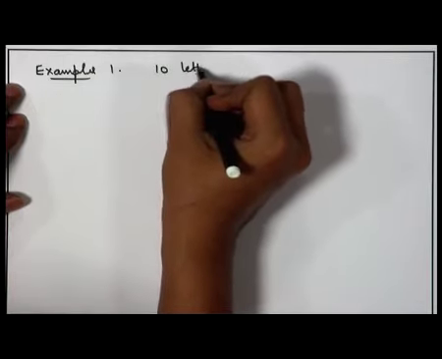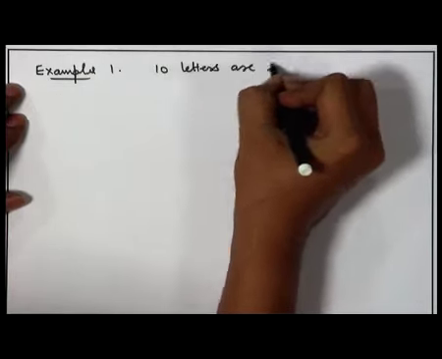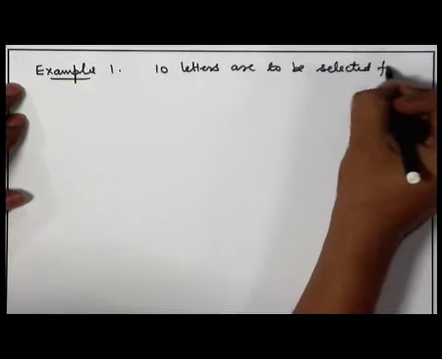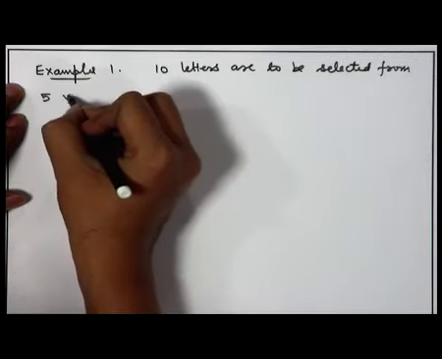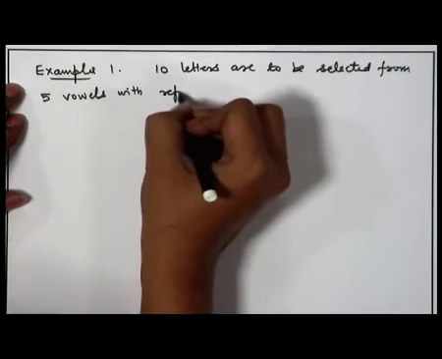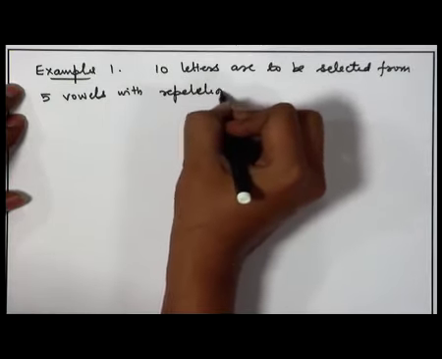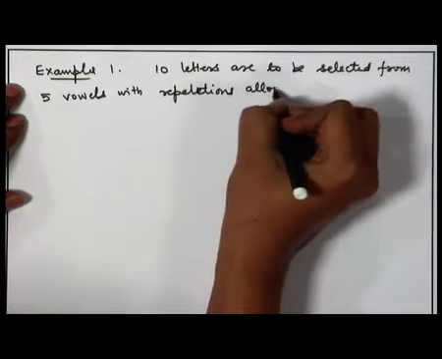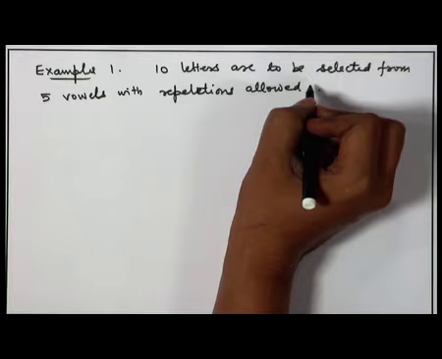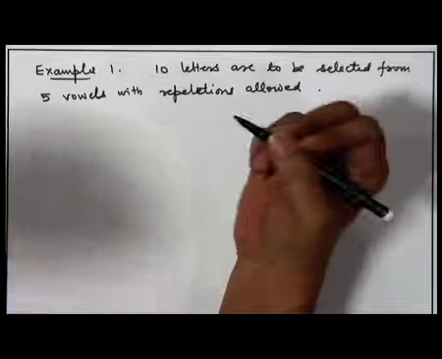Ten letters are to be selected from 5 vowels with repetitions allowed. The 5 vowels are A, E, I, O, U, and we have to select 10 out of that. That means all of these can be repeated.